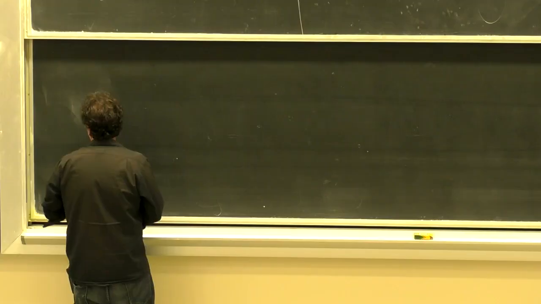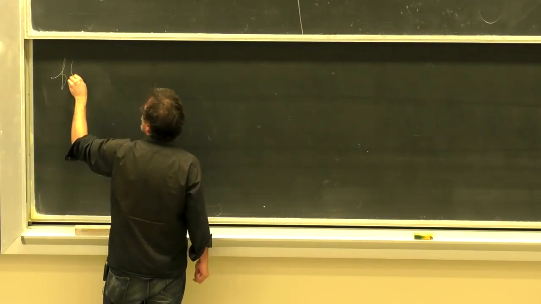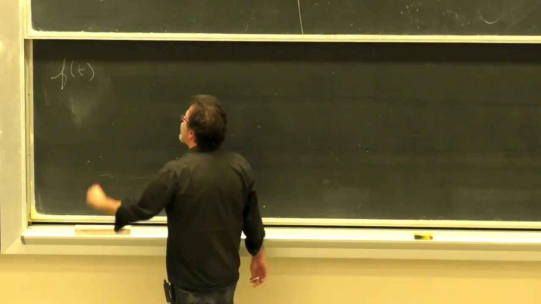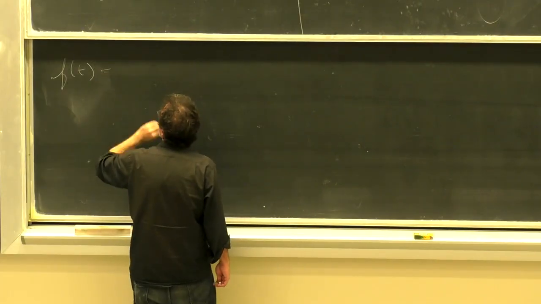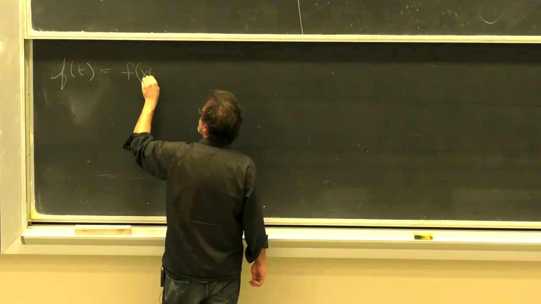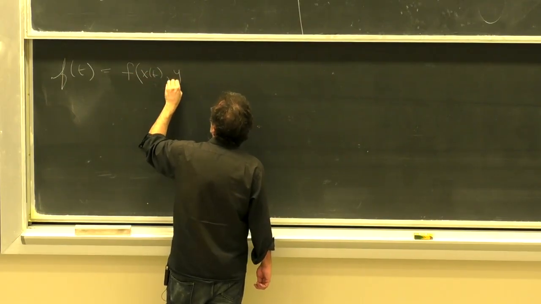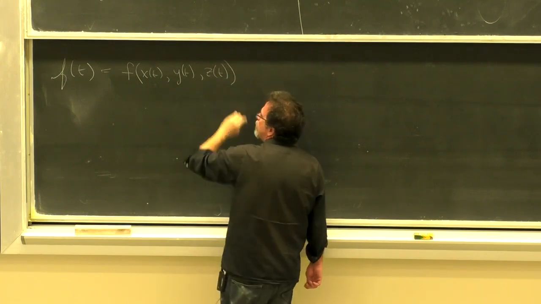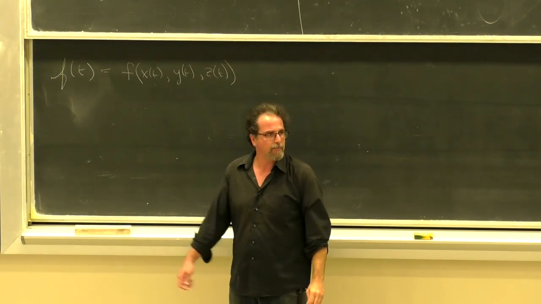Cursive F is simply a function of time, okay? And what do I mean by this? I mean that this is little f evaluated at x of t, y of t, z of t.